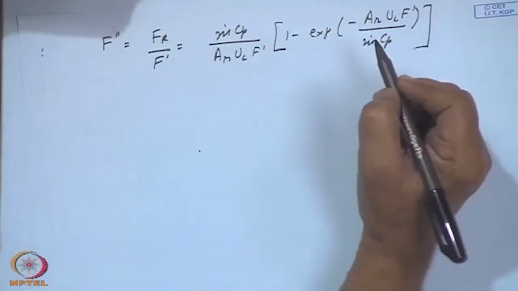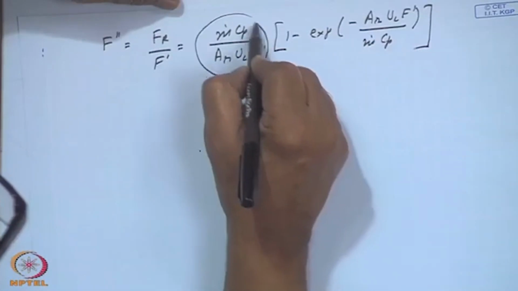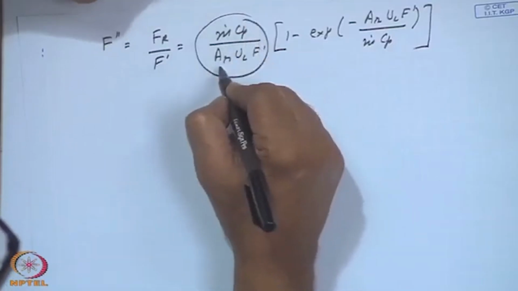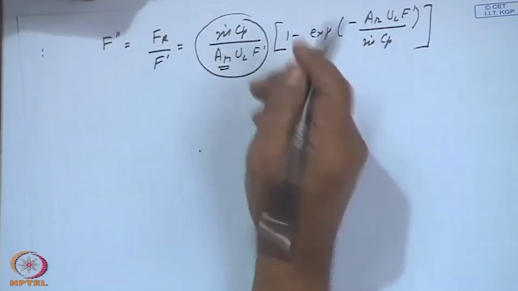So, the flow factor is again in terms of the non-dimensional flow rate, which is expressed in terms of AR in the case of a concentrating collector.